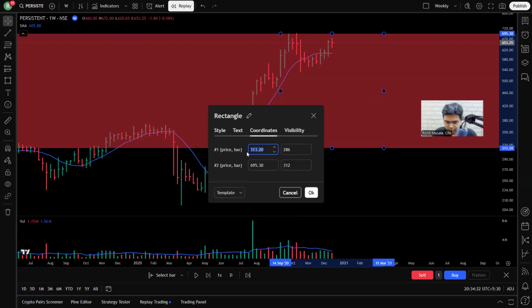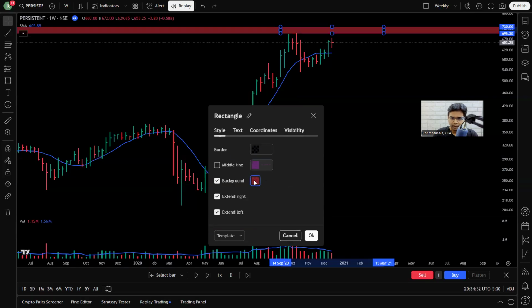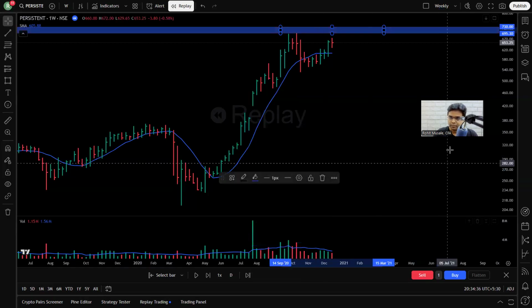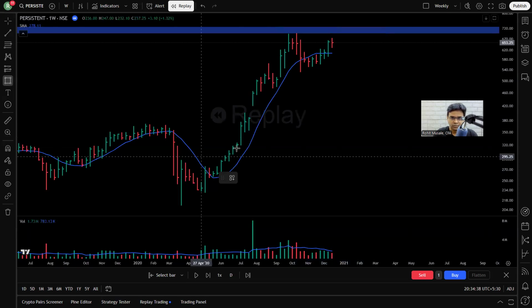695.30 multiplied by 1.05, which is 730. So I will not write two decimals, 730. Okay. And blue color. That's it. Now let's draw the stop loss.